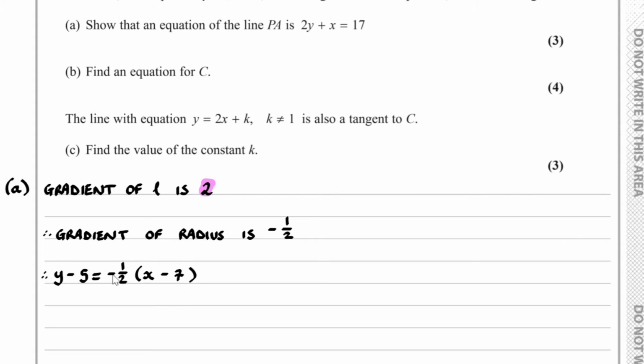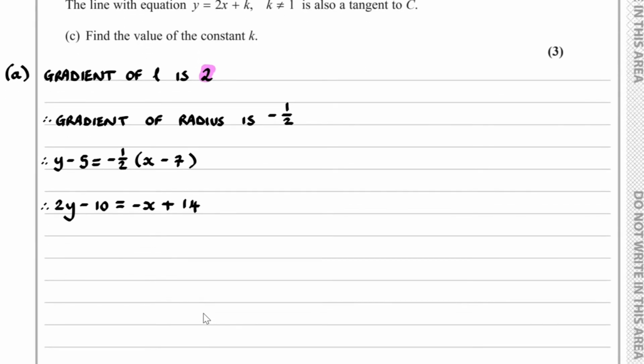And so if we multiply by 2, we've got 2y minus 10 equals negative x plus 14. Rather, negative x plus 7. And so therefore 2y plus x is equal to 17.